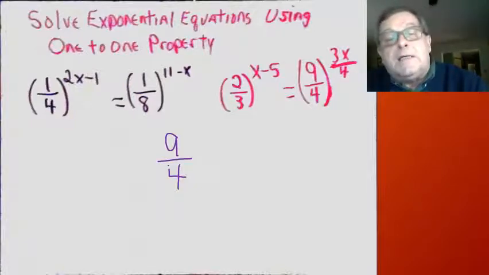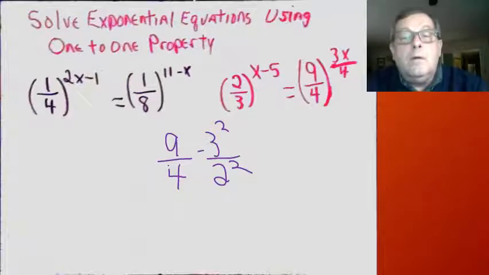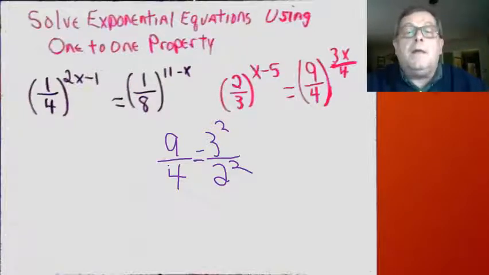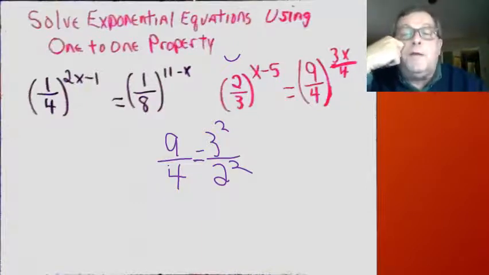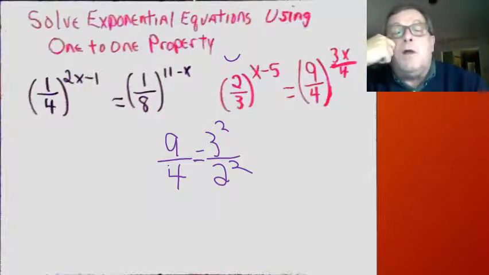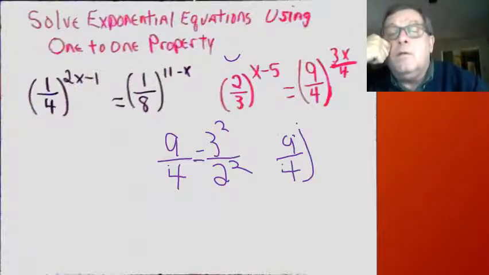Well, I could re-express 9/4 as 3 squared over 2 squared. In other words, 9/4 equals 3 squared over 2 squared, right? But that still doesn't give me the 2/3 that I'm looking for. But what if I raised this 3 squared over 2 squared to the negative?